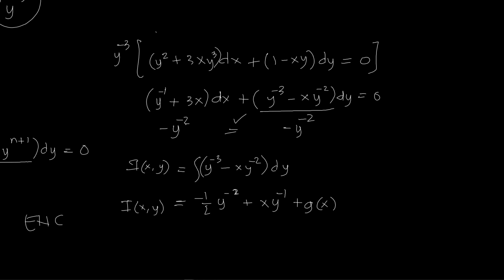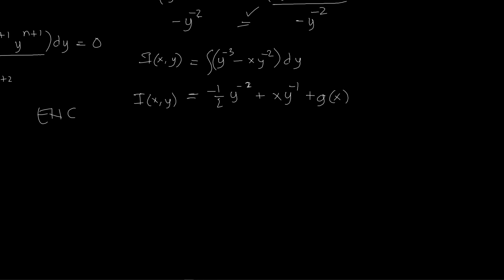Then we will find g of x. The fact that we will use is the partial derivative with respect to x, which is equal to, partial derivative with respect to x: 0 plus 0 plus dx, negative negative y to the negative 1, plus dg over dx.